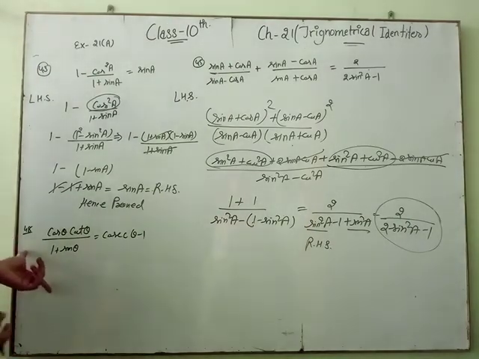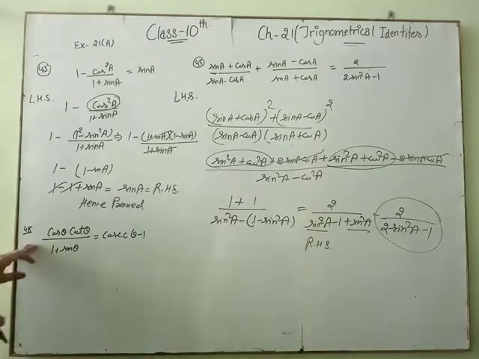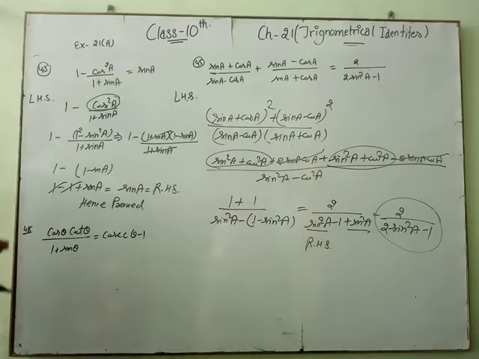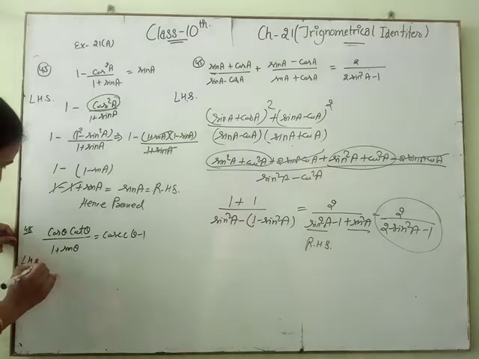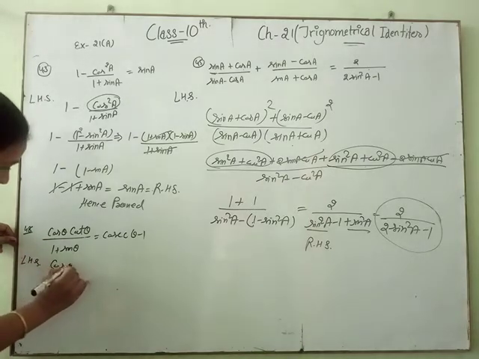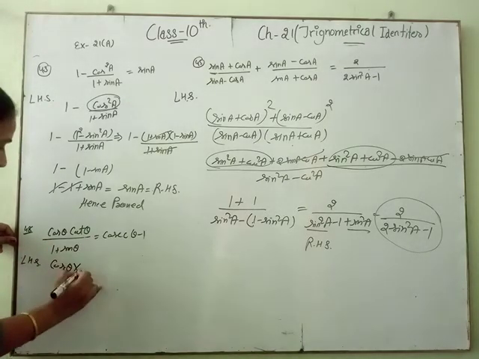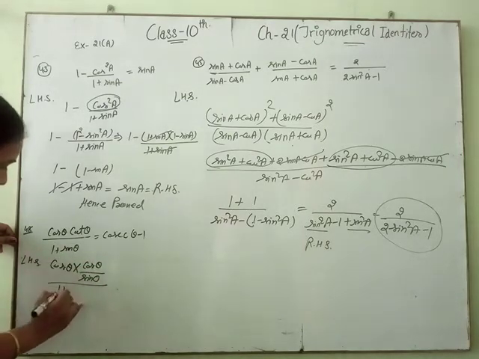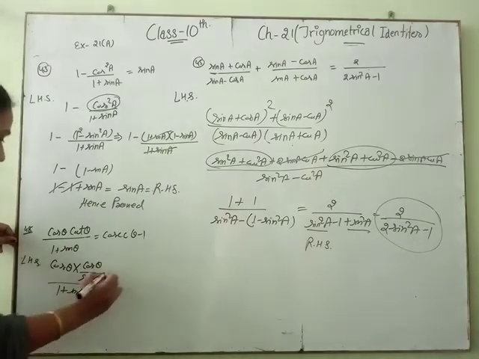That is the last question, question number 48. Cos theta cot theta by 1 plus sin theta equals this, and we have already done this type of question. So first take the left hand side. Cos as it is, cotangent we write as cos theta by sin theta, and 1 plus sin theta as it is.